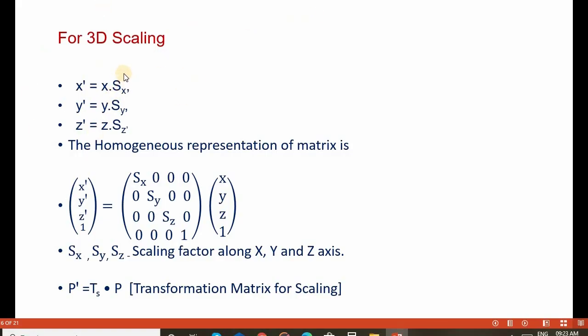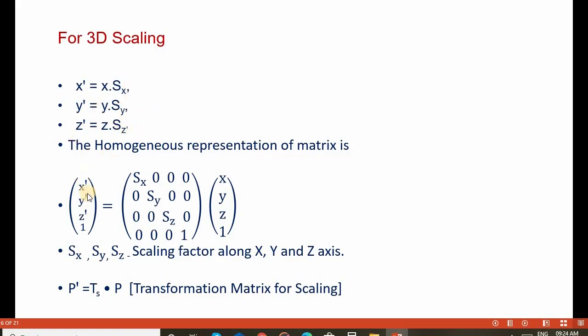We are multiplying with scaling factors such as sx, sy, sz: sx in the x-axis, sy in the y-axis, sz in the z-axis. So that we can have the new x dash, y dash, z dash, the new scaled image, by multiplying the original point x, y, z with the scaling factors sx, sy, sz.